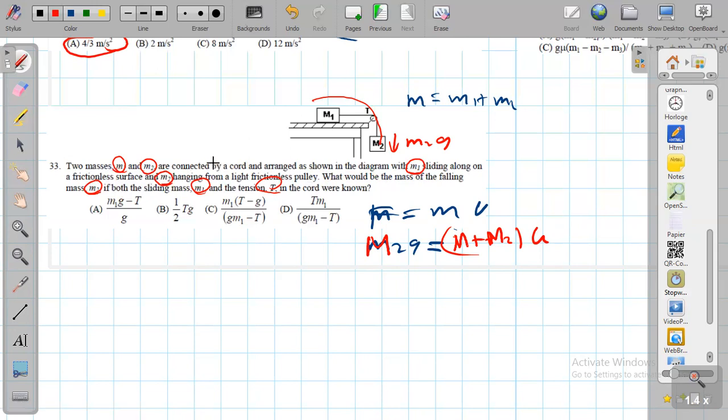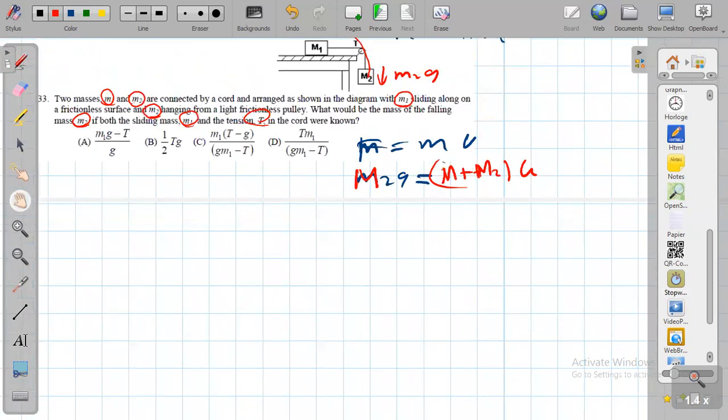What do they ask? Mass M1, M2 are connected, M1 sliding along a frictionless surface, and M2 is hanging. You need to find out what would be the mass of the falling mass, M2.